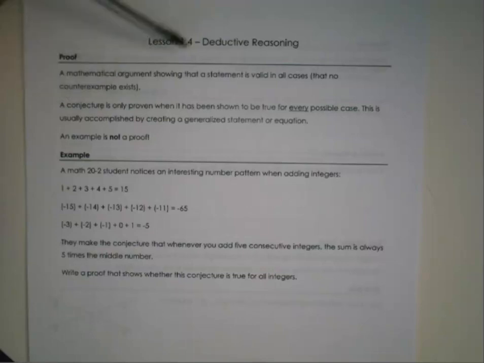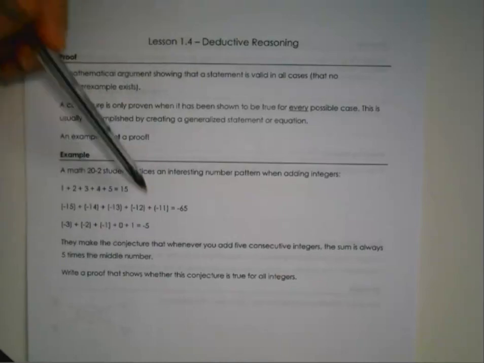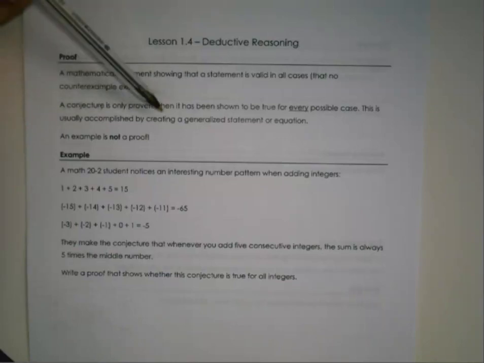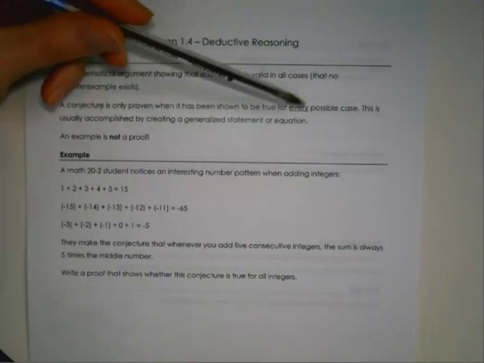With deductive reasoning and proofs, we're making a generalized statement that's not just a specific example, but can be applied to all possible examples to prove whether or not the statement is valid. We'll look at an example of how that works down here. Keep in mind a conjecture is only proven when it's been shown to be true for every possible case.